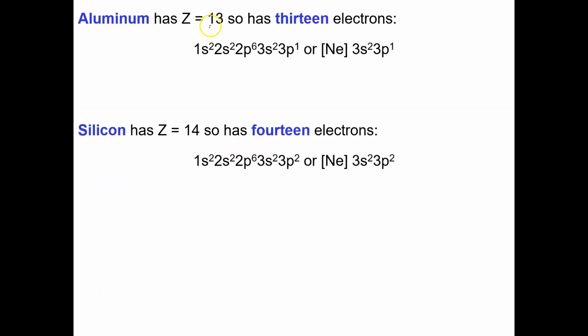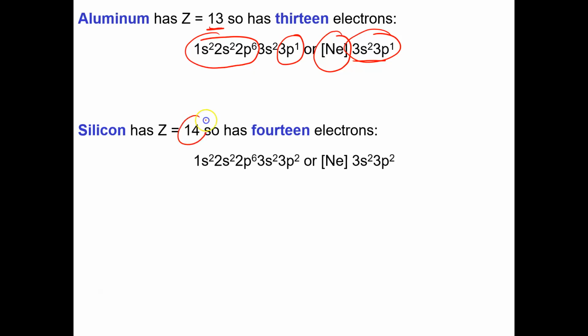So aluminum has 13 electrons, and that final electron is going to go into a 3p subshell. Again, we can replace the core electrons with the symbol of the preceding noble gas, neon, in square brackets. So aluminum has 3 valence electrons. That's the valence electron configuration for aluminum.